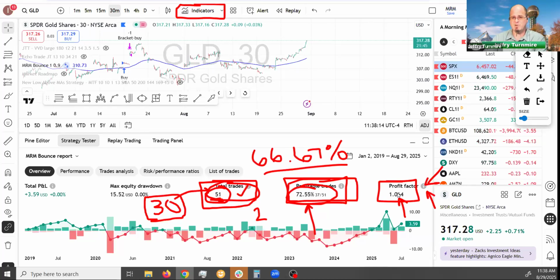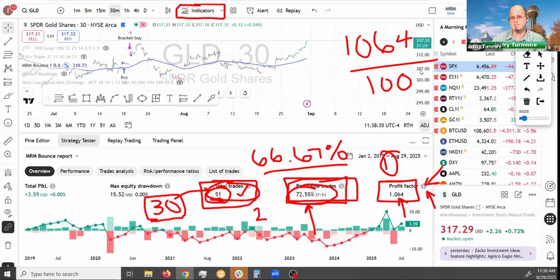But when you're at a profit factor of 1, you have to understand what this means. Profit factor means gross profits, so 1,064, divided by gross losses.